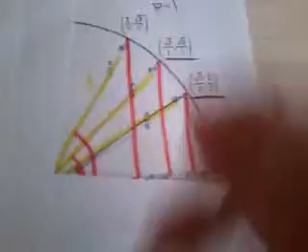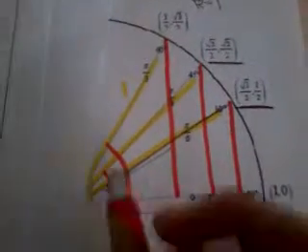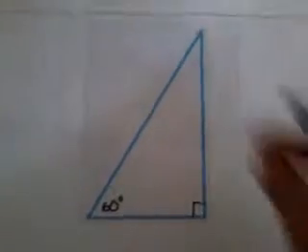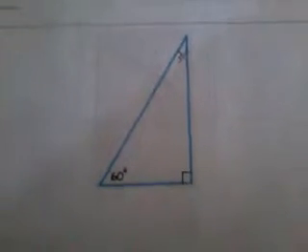So now for our last triangle, we have one that is 60 degrees on this side. So this one is the same as a 30, 60, 90, only that it's flipped in a certain way.